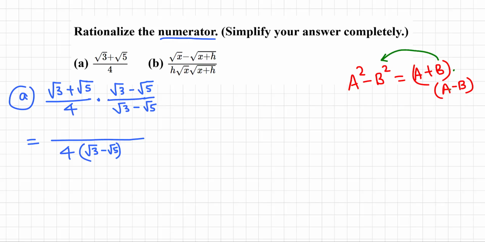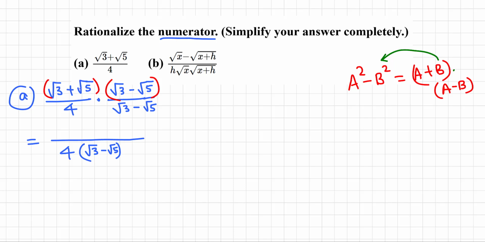A plus b times the same thing but minus: when we multiply, the middle two terms cancel, leaving only a squared minus b squared. Every single time we rationalize, we have that situation, because if this is plus, we multiply by minus, and if this were minus, we would multiply by plus. We can FOIL and cancel the middle two terms, same thing, but this one is shorter.